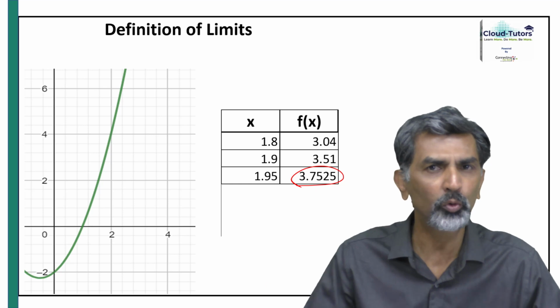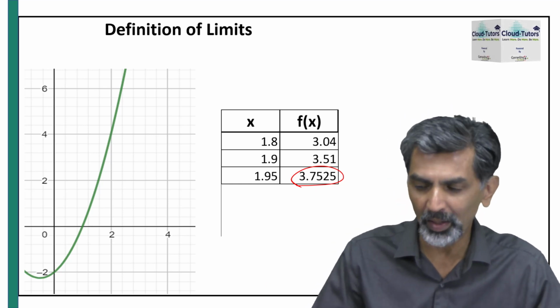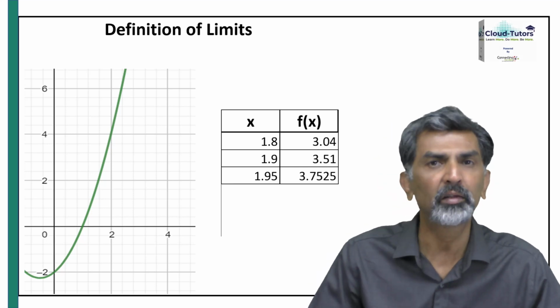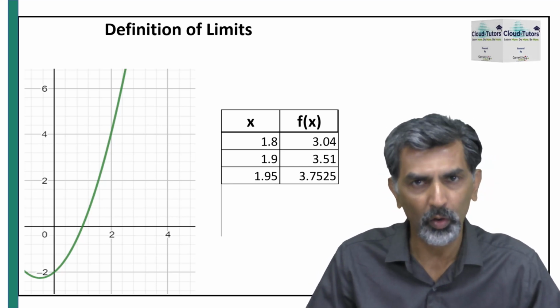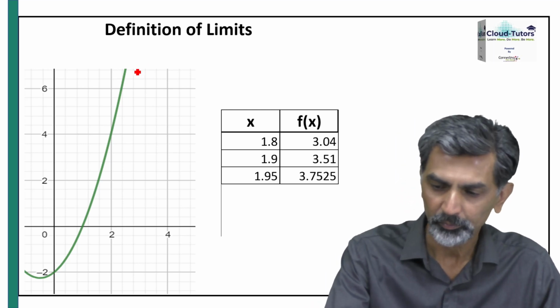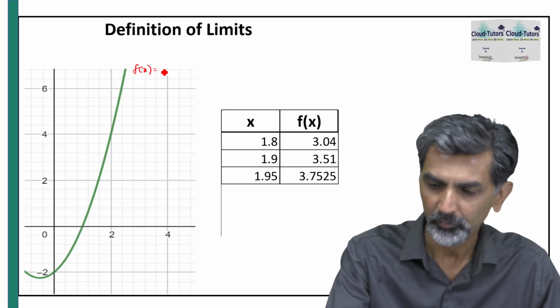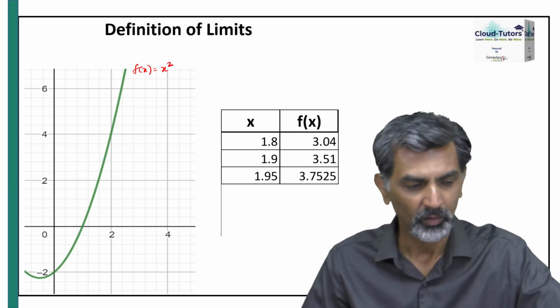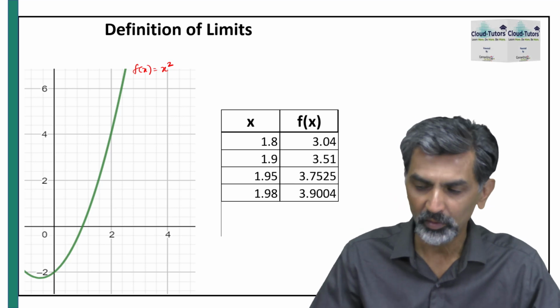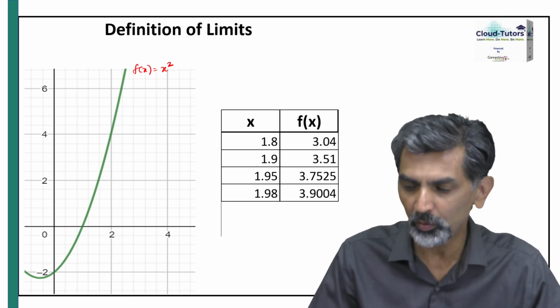3.7525. So all I'm doing is substituting different values of x in this function, whatever that function is, and getting the corresponding values of f of x. You make x 1.98, you get f of x 3.9004.